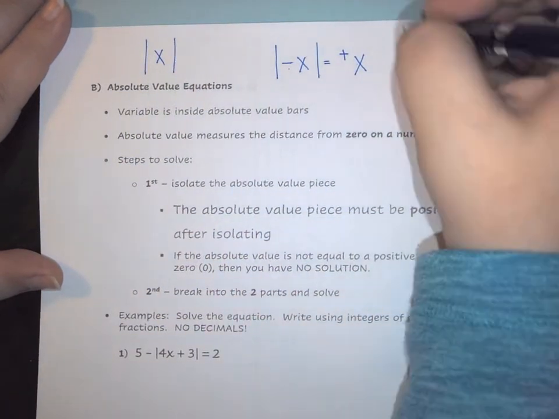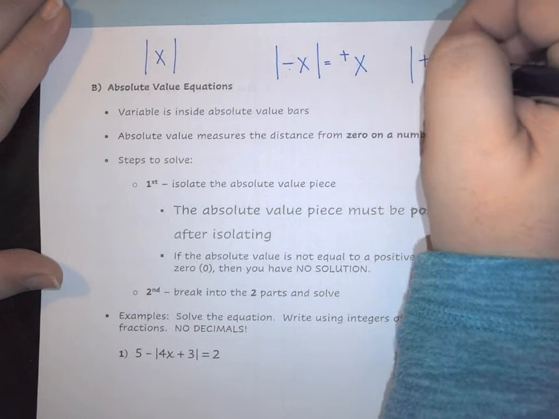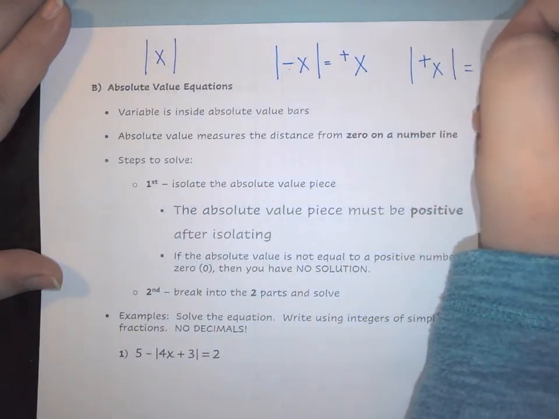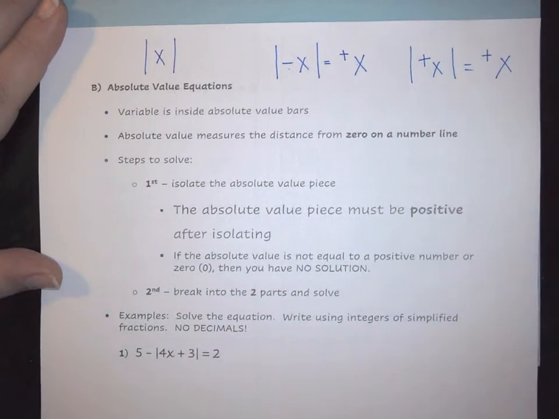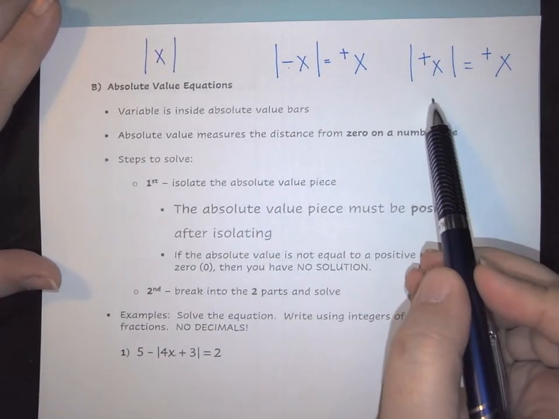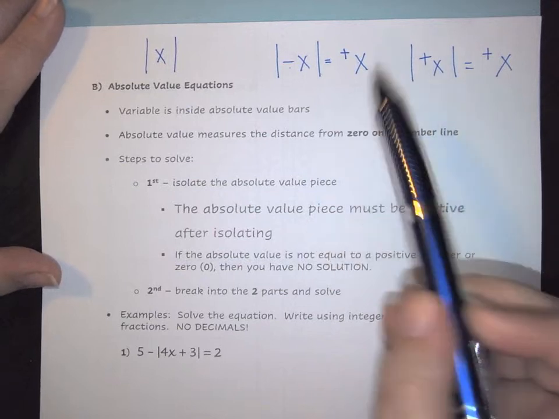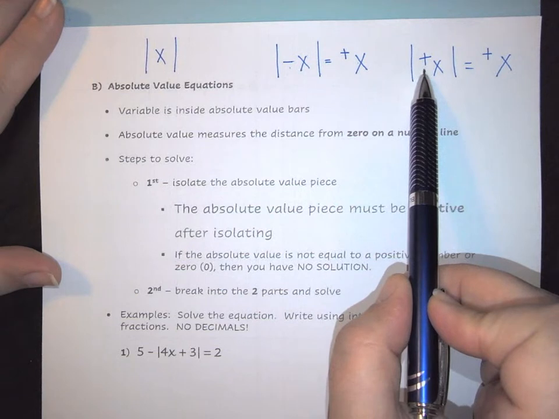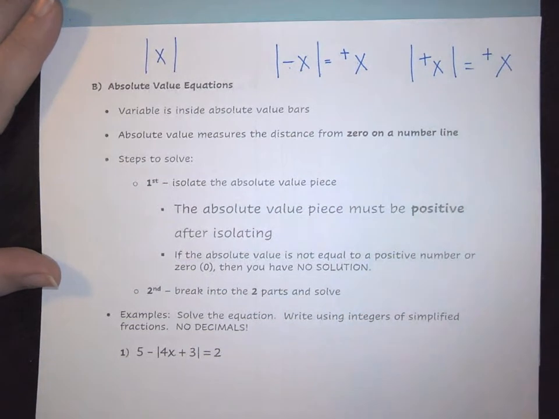Likewise, if I have a positive go in, a positive is going to come out. So when we're dealing with absolute values, we have to deal with both the positive and the negative of our term.